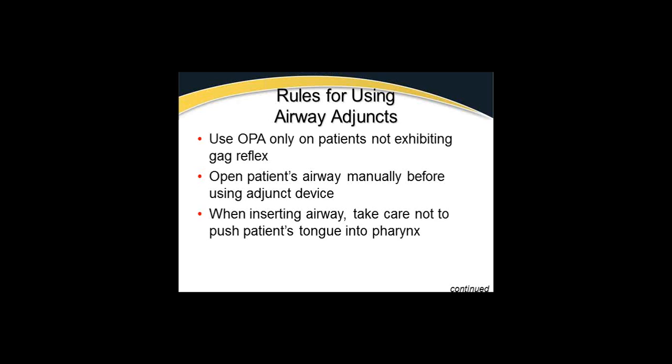Open the patient's airway manually before you use any adjunct. If you don't have the airway already open, it's going to make it more difficult to get that adjunct placed. And when inserting the airway, take care not to push the patient's tongue into the pharynx. If you push the tip of the tongue back, you block the airway even worse.